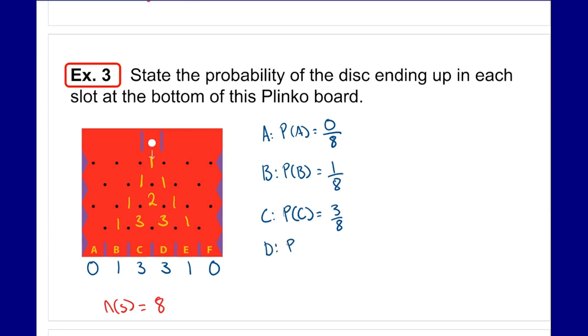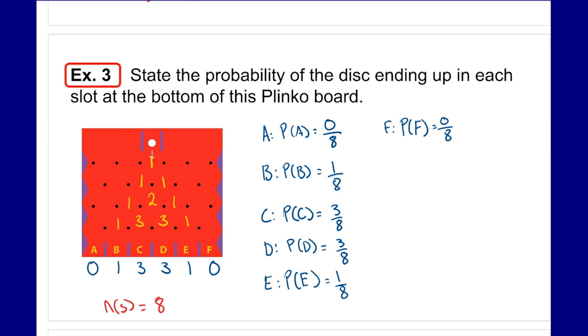D is also 3 out of 8 because there are 3 ways to get to that last spot. E, there is 1 out of 8. And then lastly, F, there is 0 out of 8 possible ways, or the probability is 0%.